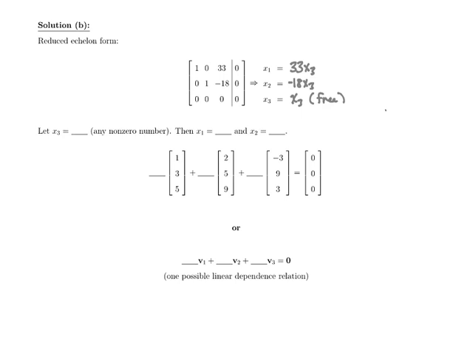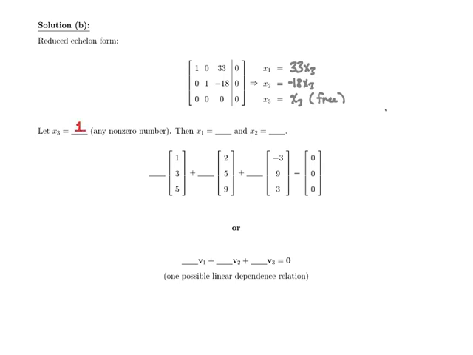Since x3 is free, I can get a non-trivial solution, a linear dependence relation, by picking any value that I want for x3, as long as it's non-zero, and I can get similar values for x1 and x2 from that choice. Note that if I pick x3 equals 0, that immediately determines that x1 and x2 are 0, and that would represent the trivial solution. So let's choose the next easiest value other than 0.